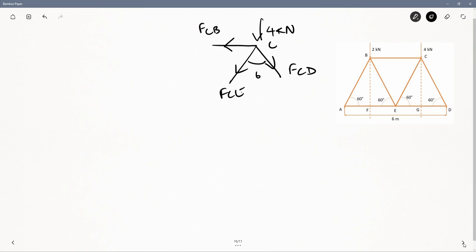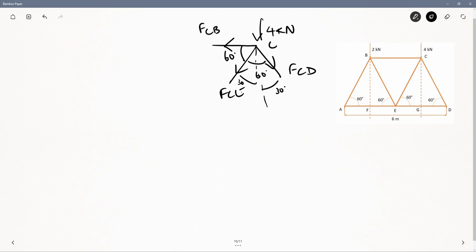Angle between them is 60 degrees. Now I split them equally, so it's 30 and 30 degrees. This angle is again 60 degrees. So here, if I resolve the members in the vertical direction, I think I'll be able to find the sole last unknown member force.